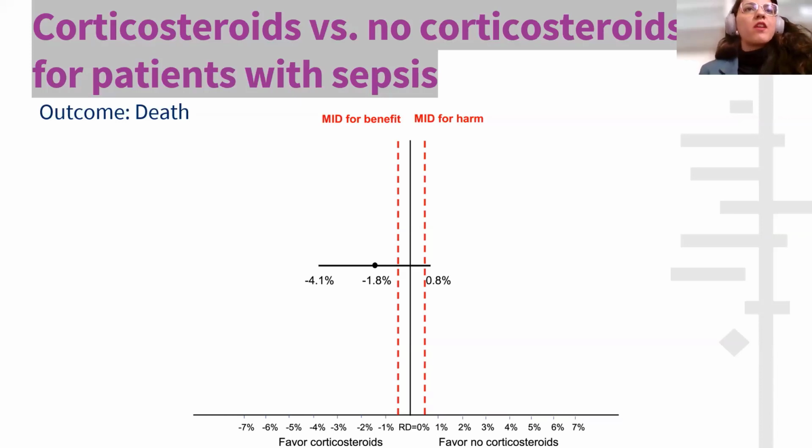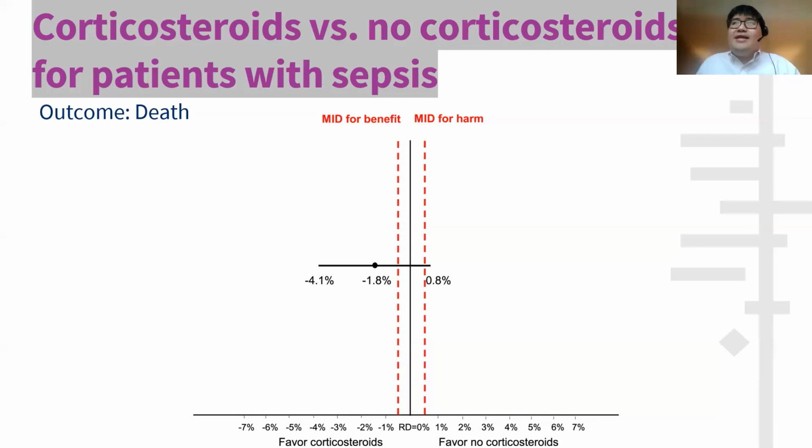Thank you, Leslie. Is there the risk that skipping reporting MIDs in the protocol might lead to cherry picking the MIDs when we have the CIs, for example, post hoc? Yes, definitely. That's why, with any systematic review, we should be able to justify our decisions and be transparent about them.